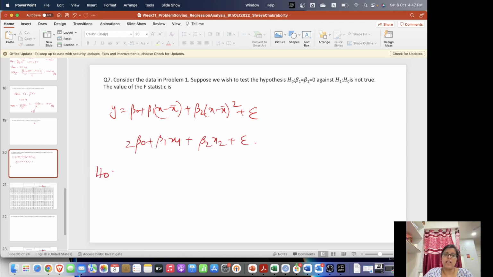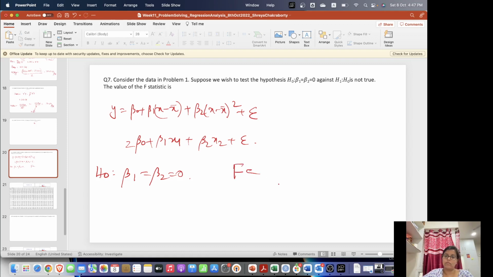And we have been asked to test whether beta 1 and beta 2 are 0 or not. So what would be the statistic for this one?